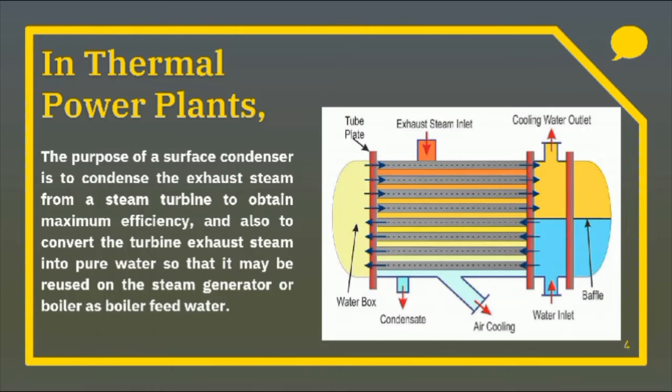It reduces back pressure of the steam, which results in more work output. It reduces temperature of the exhaust steam, which also results in more work output. The condensed steam can be reused as feed water for boiler, which reduces the cost of power generation.